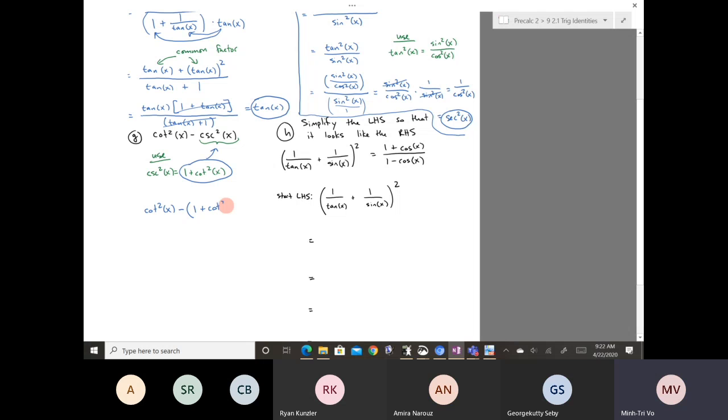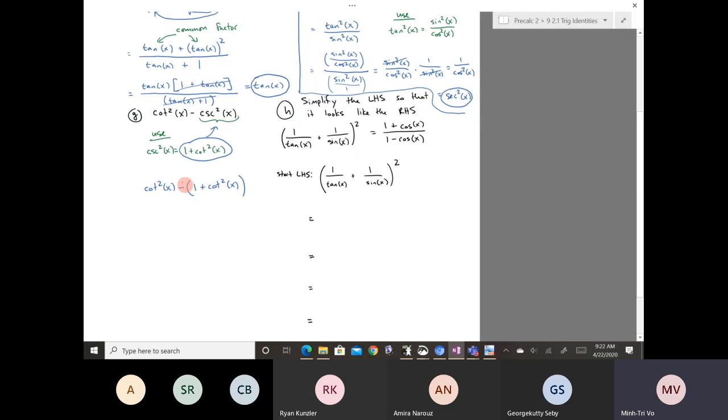Plus cotangent squared. And then now this distributes. So what do I have? Cotangent squared minus 1 minus cotangent squared. Then this thing minus itself, so that cancels out. So I'm just left with minus 1. Okay, so that one wasn't too bad.